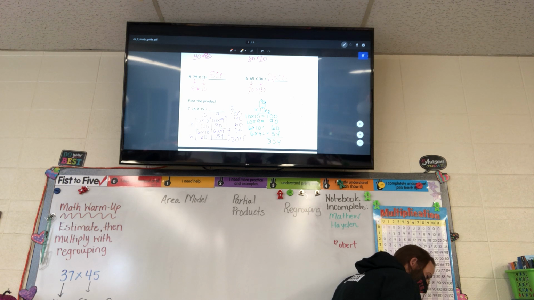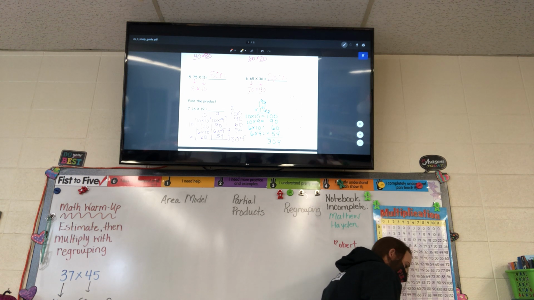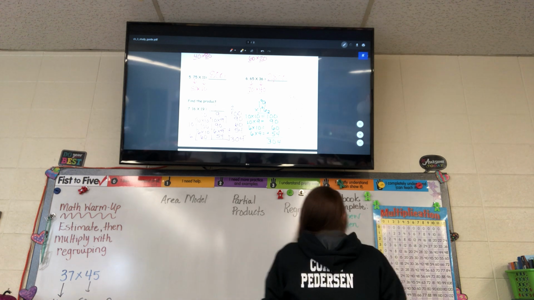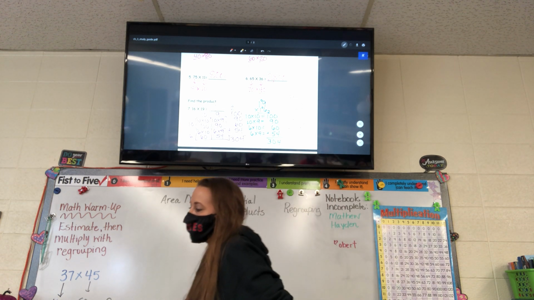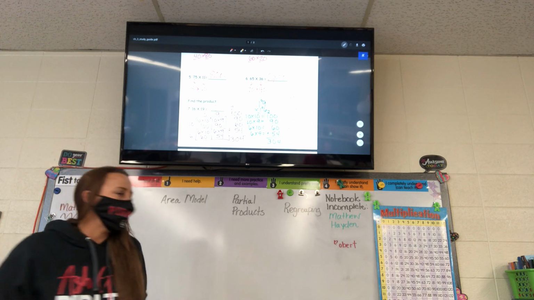Cross out the 5, 0 placeholder. 1 times 9 is 9. 1 times 1 is 1. When you add those together, you will get 304. So any way you look at it, your answer is 304. You need to copy down which one you want to do on the test.